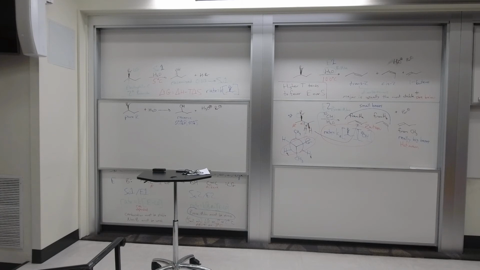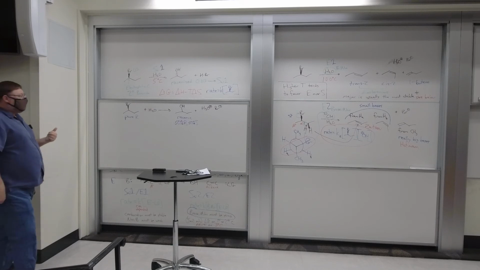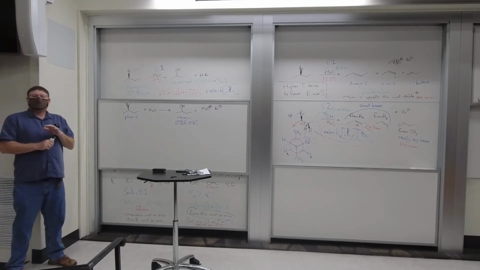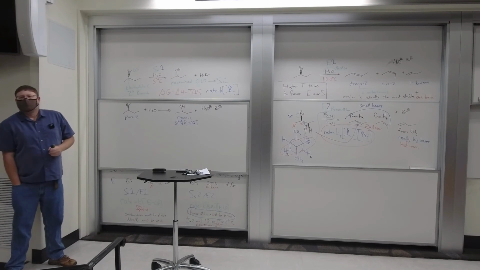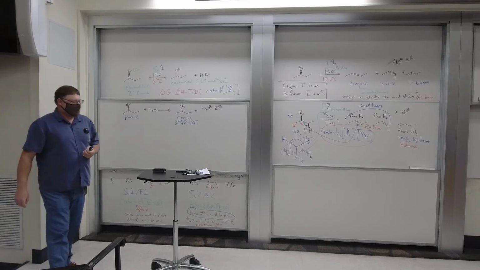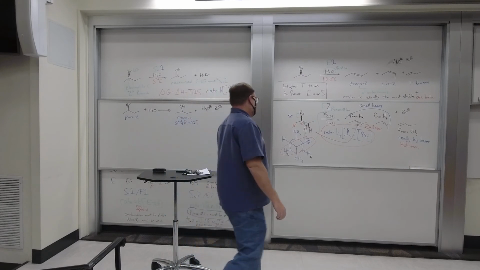So take 2 or 3 minutes here and see if you can come up with a mechanism that explains the rate law and the stereochemistry. And if you get that, try to do the alkene over here.